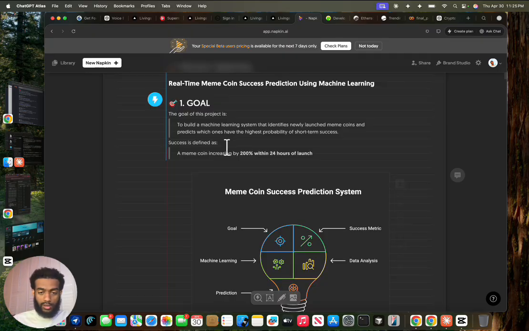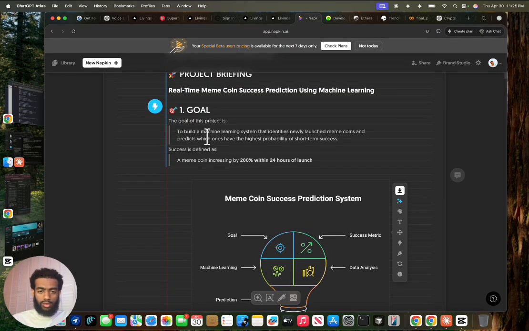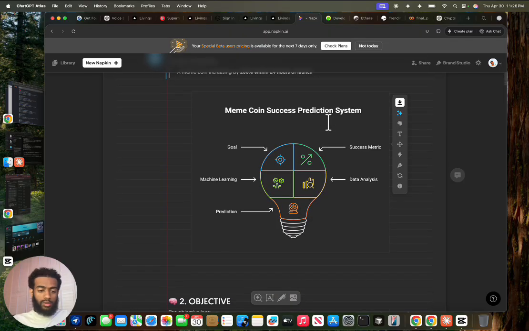The goal of this project is to build a machine learning system that identifies newly launched meme coins and predicts which ones have the highest probability of short-term success. It's within a 72-hour window between when the coin is released and 72 hours later, looking at which one would create a short-term gain, because some coins go even 200% profit.